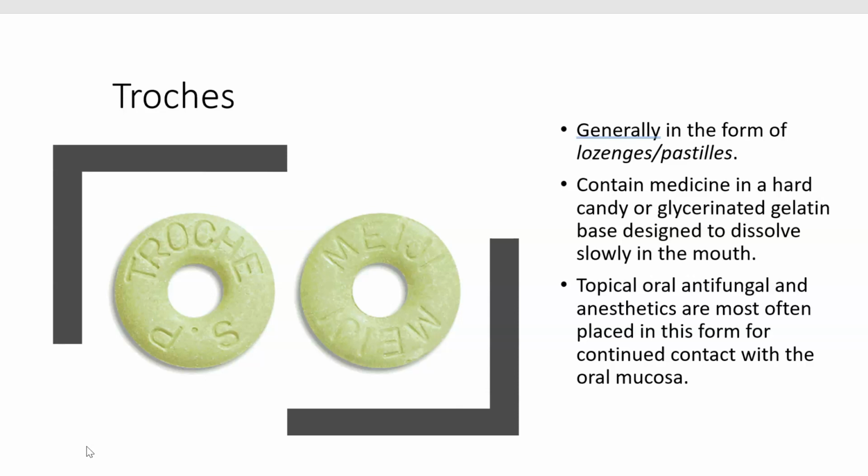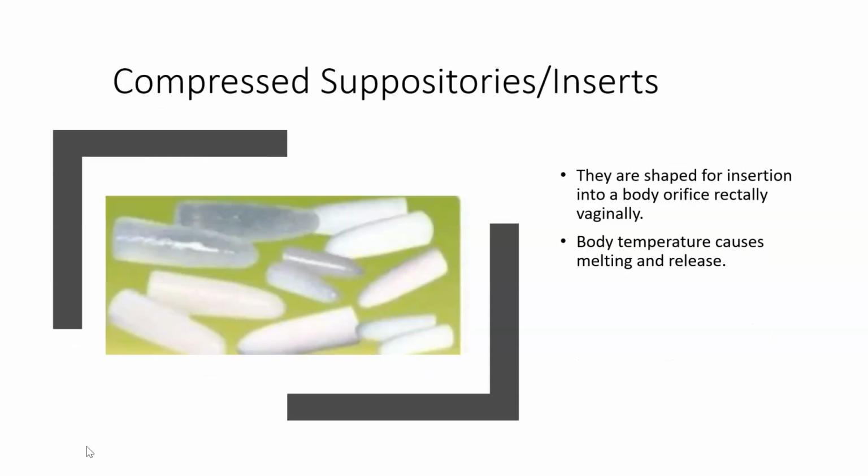They're typically an oral antifungal or anesthetic, and are most often used in this form for continued contact with the oral mucosa. Okay, so we use these a lot for cough medicines. So we pop in a little cough lozenge, and that helps us. So that's the most typical.